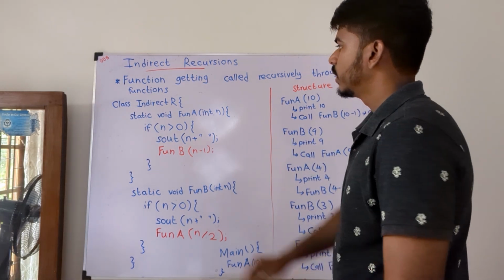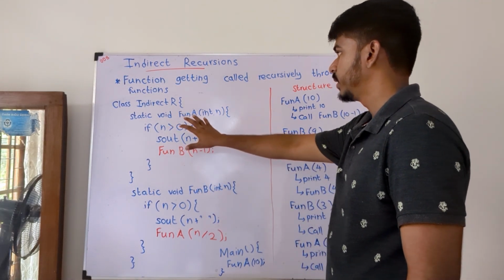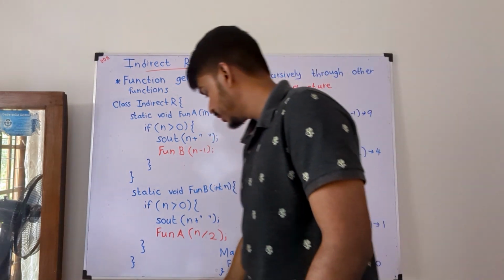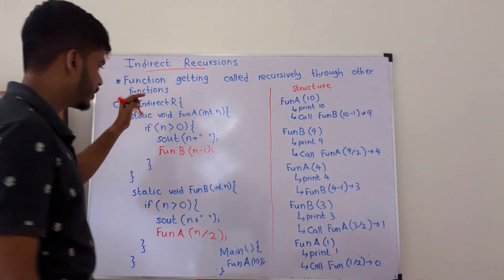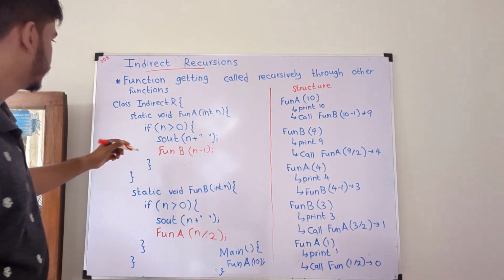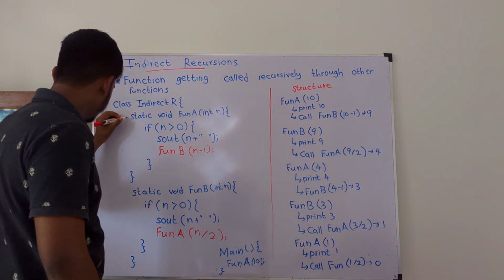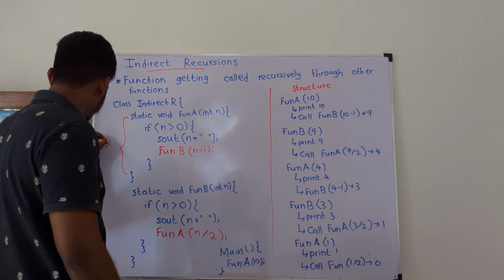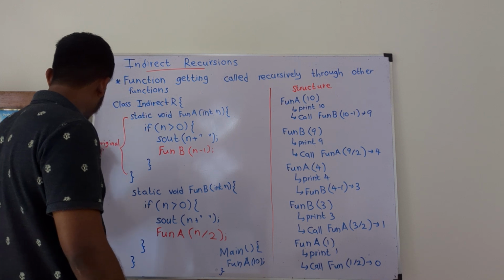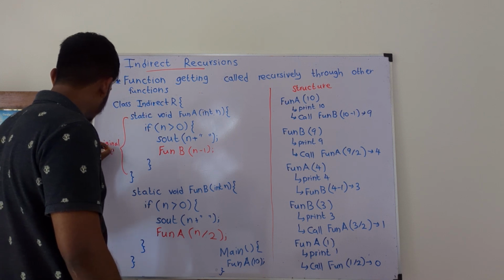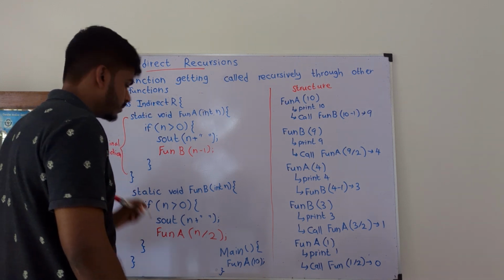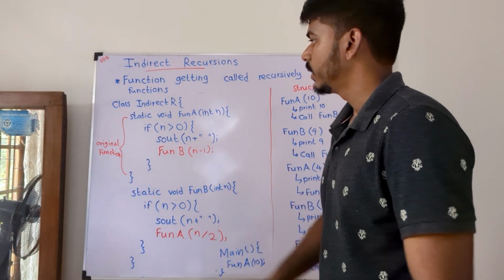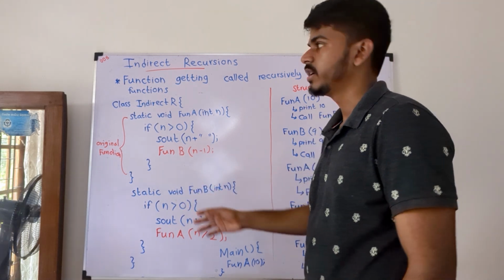So, first let's look at function A. Function A is going to be the original function where the recursive call begins. This indirect recursion is going to be done until the base condition is met.